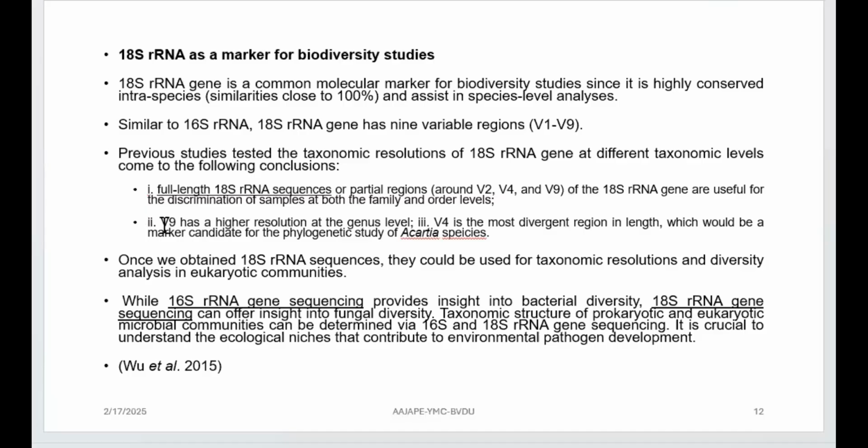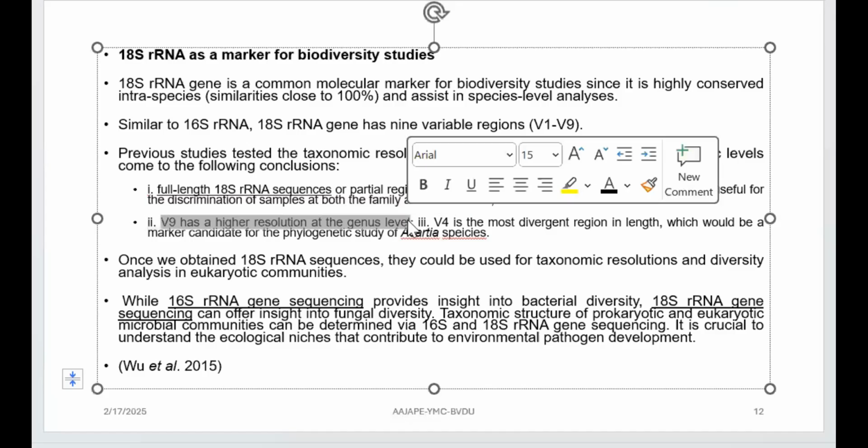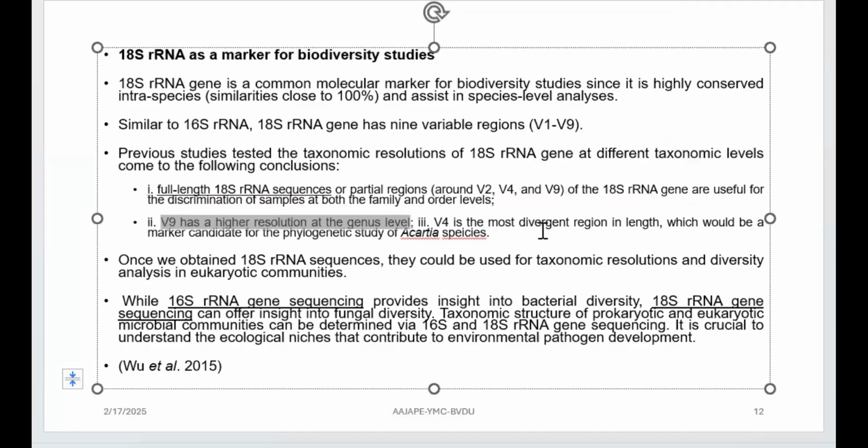What is the important thing? When it comes to 18S rRNA sequence, V9 has greater resolution for genus, and V4 is the most important divergent region, so it would be a marker for the study of species. The V4 region is found to be very important for species level resolution.